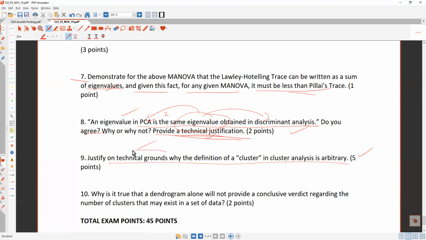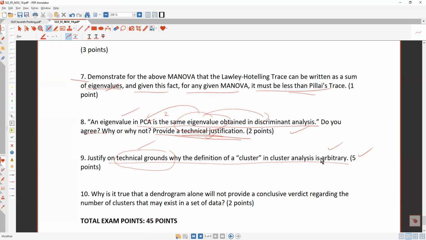Now by technical grounds, we mean, kind of like that mathematical machinery. What is it about cluster analysis that can make the definition of a cluster arbitrary? If you say something like, well, because we don't know what a cluster is, well, that's not a technical justification. You want to get into what the cluster analysis actually does to justify.